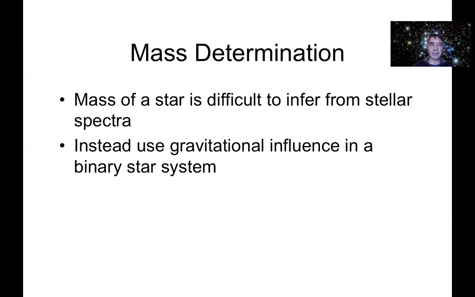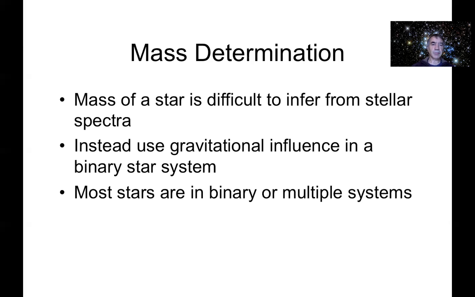So luckily for us, well, luckily and unluckily, who knows, most stars are actually in binary systems, so they come in pairs, and they can even come in multiple systems, where you've got 3 or 4 stars in a stable system.